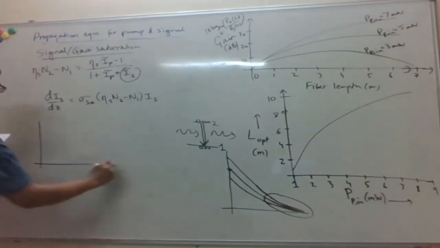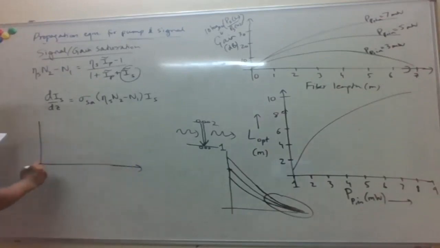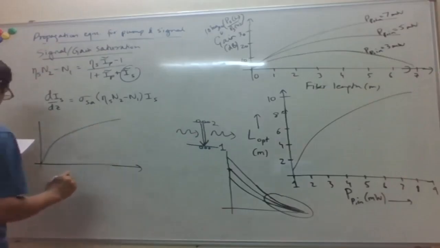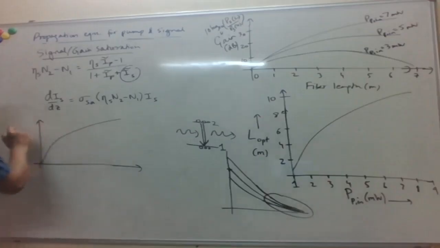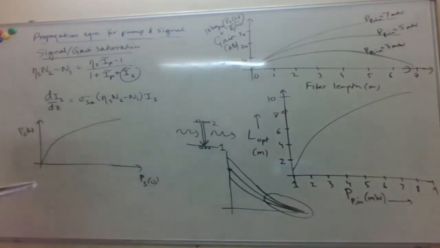So for example, if I plot the output signal power as a function of input signal power: if I have a constant gain, then I should just expect a straight line, because the output signal power divided by the input signal power is the gain.